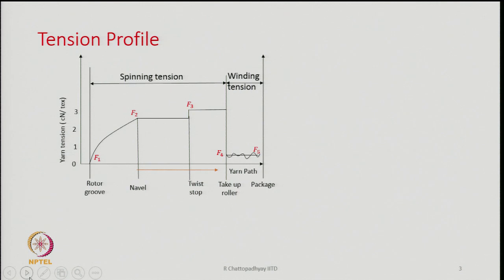The tension profile, which is shown here, starts from the rotor groove and goes to the package. The tension in different parts of the yarn along its path is not exactly the same, it is different.